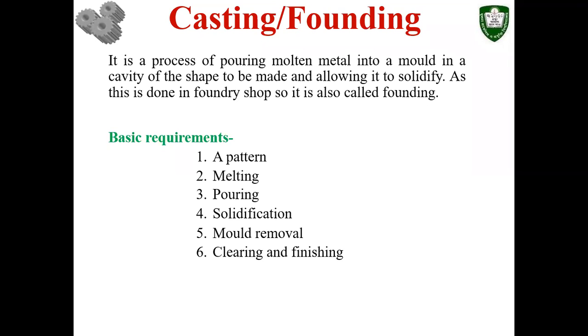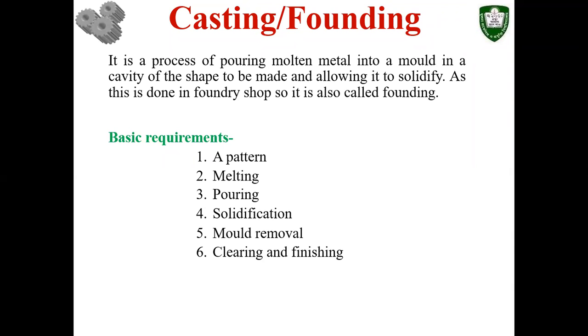The product that we want to make, we need to make a replica of that, using wood or plastics or even metal, whatever you want. You need to make that part first, and then using that replica, you produce a lot of parts. That's the benefit of casting. So first we need a pattern, which is the replica of the final shape that we want to manufacture.